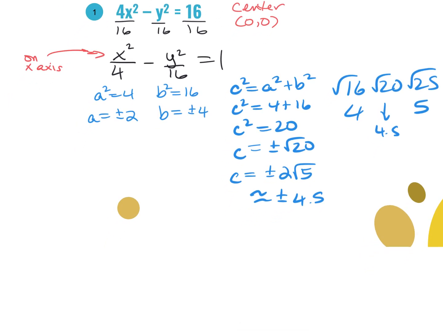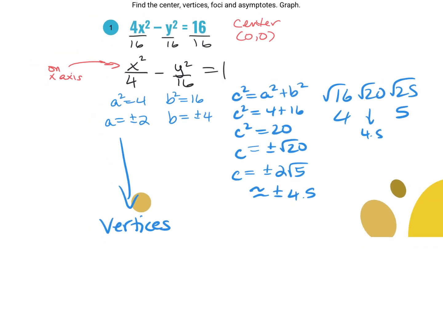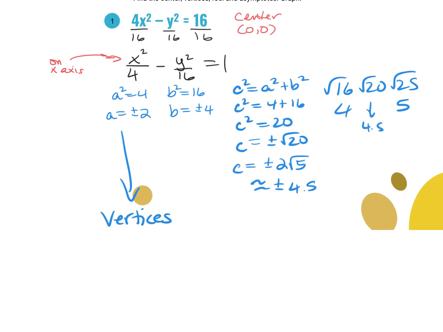Now, remember, to get our vertices, when our center is at 0, 0, and the first variable I see is x, my vertices are going to be found by putting a in the x spot. So my two vertices are going to be -2, 0, and +2, 0.